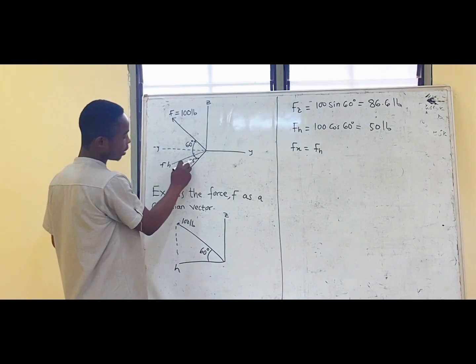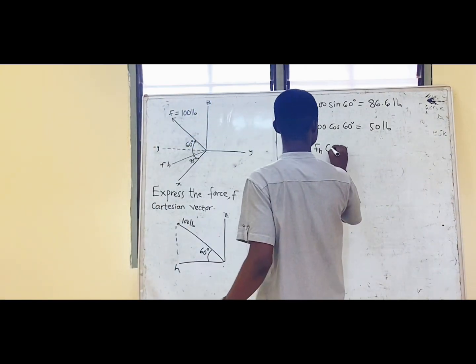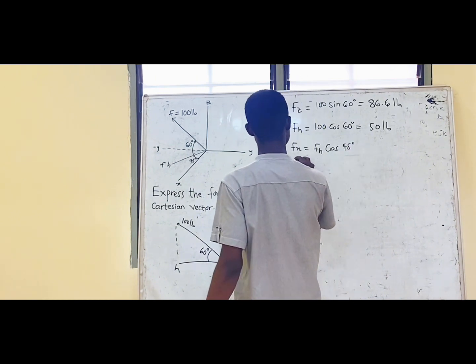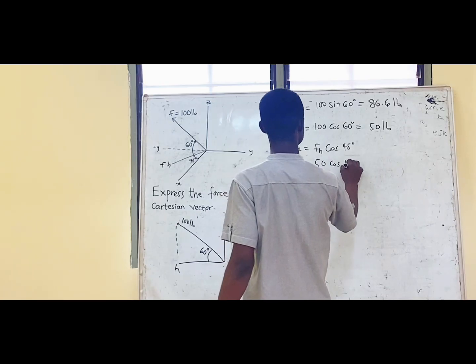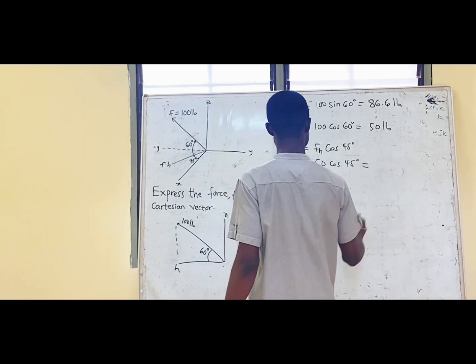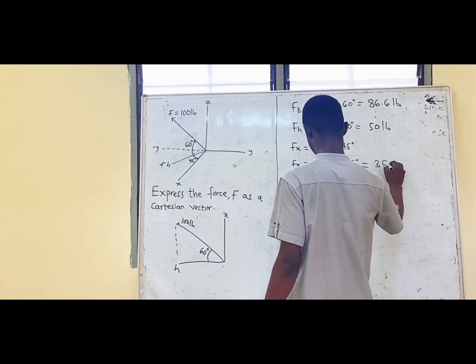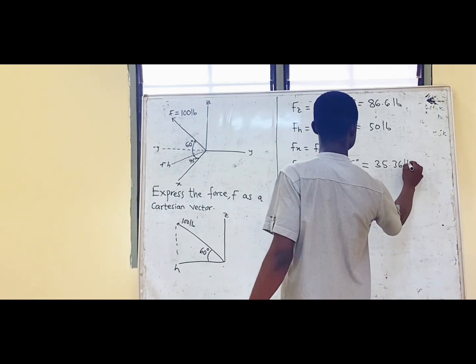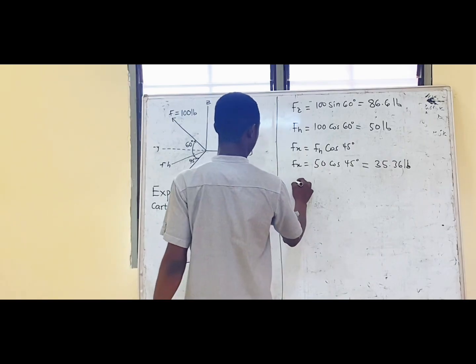Realize that the angle is adjacent to the X. So the X will take the cos of the angle, which is 45 degrees. So Fx will be equal to 50 cos 45 degrees. And this will give us 35.36 pounds.